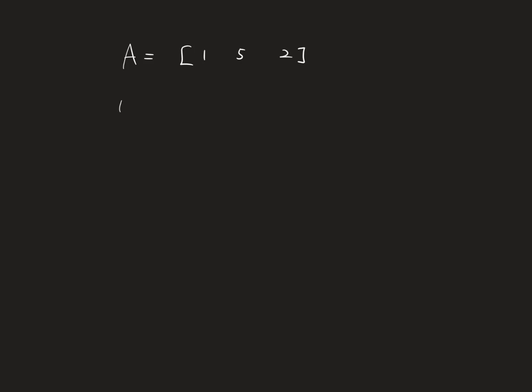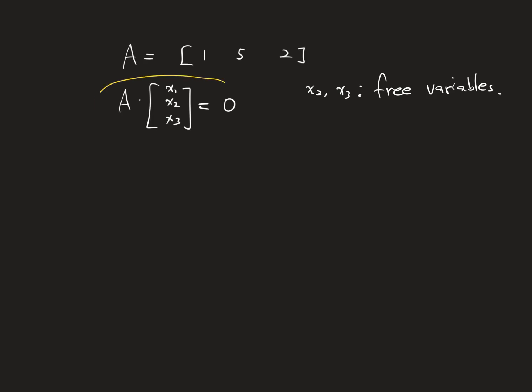So if I write this equation, A times (x1, x2, x3) equals 0, obviously x2 and x3 will be free variables. So the special solutions of this equation will be s1, which is (?, 1, 0), and s2, which is (?, 0, 1).